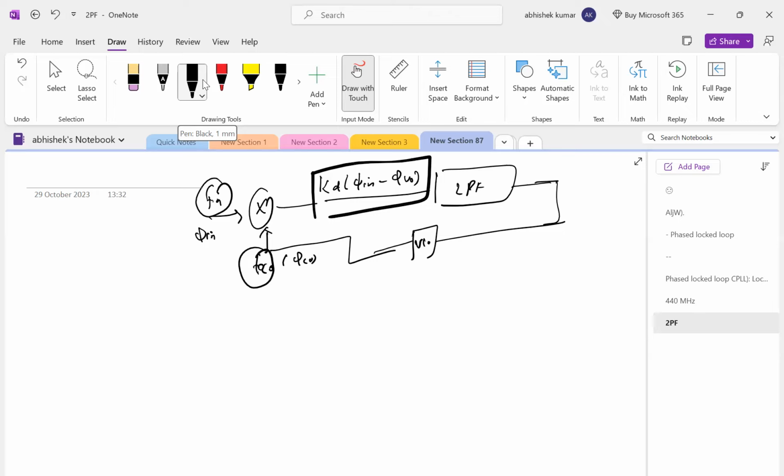Now you can see the PLL example, the XOR one. As the phase is locked and the input signal is 440 megahertz, what is the phase difference between the two input signals at the phase detector?